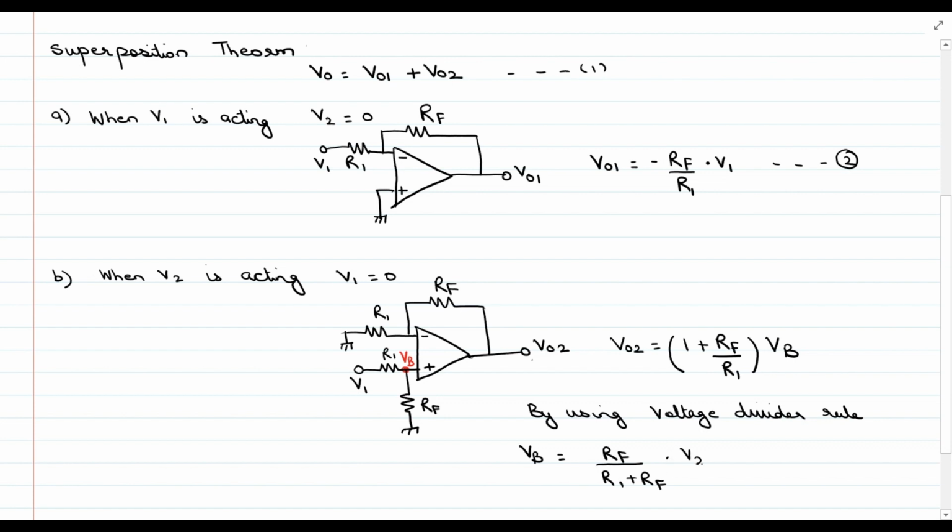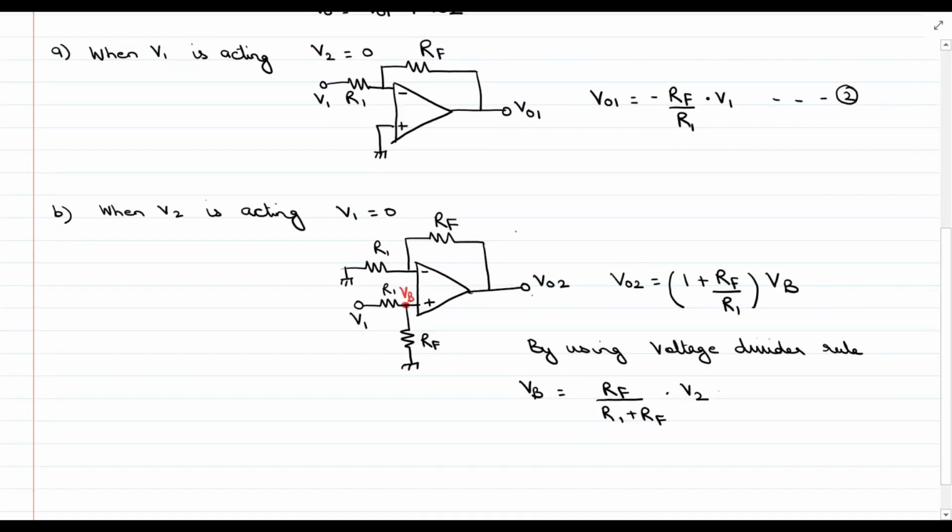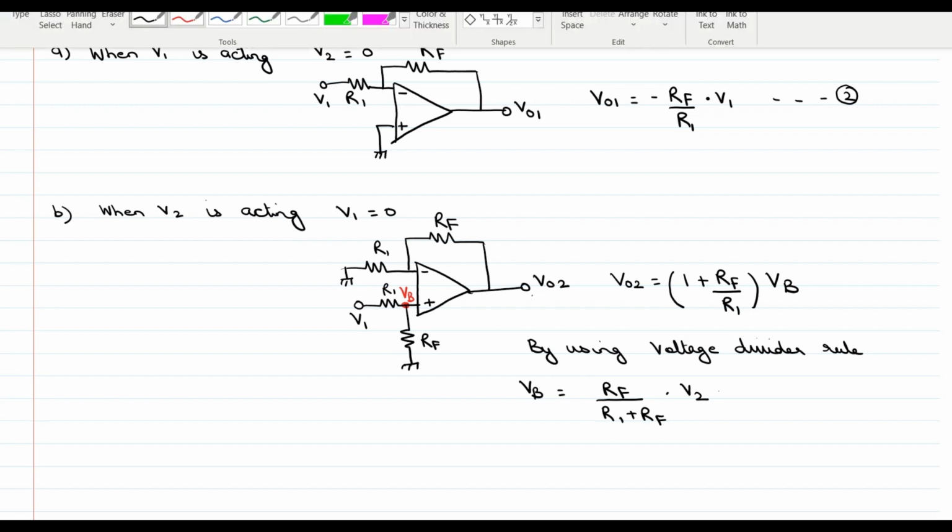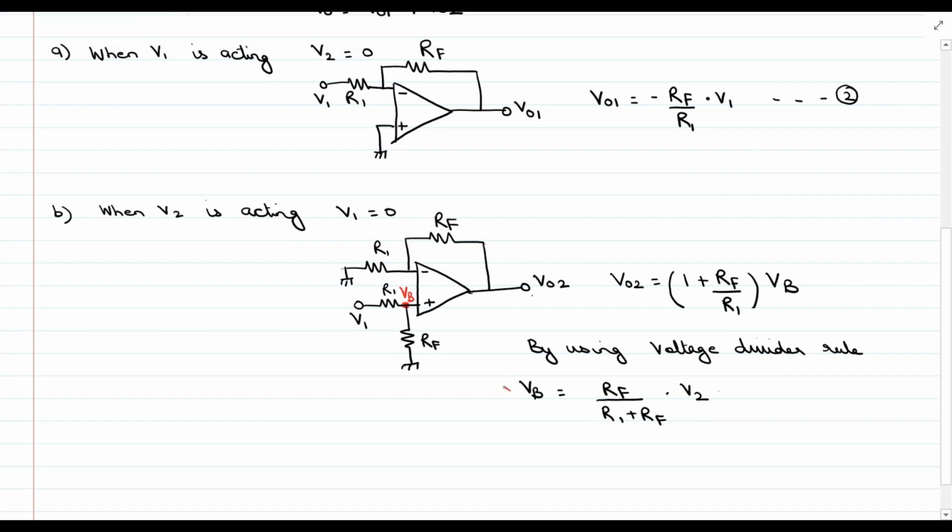Substitute that in equation of VO2. So substitute the value of VB in equation VO2. So the answer comes out to be VO2 is equal to R1 plus RF upon R1 into RF upon R1 plus RF into V2.